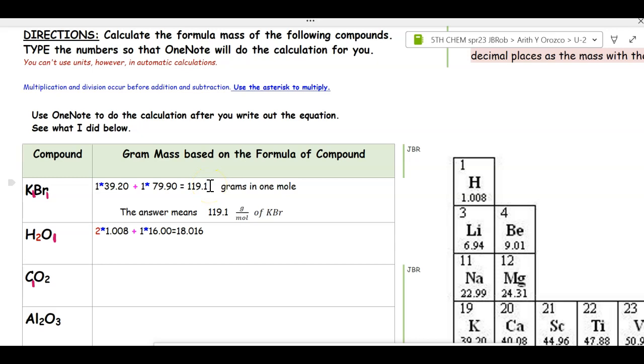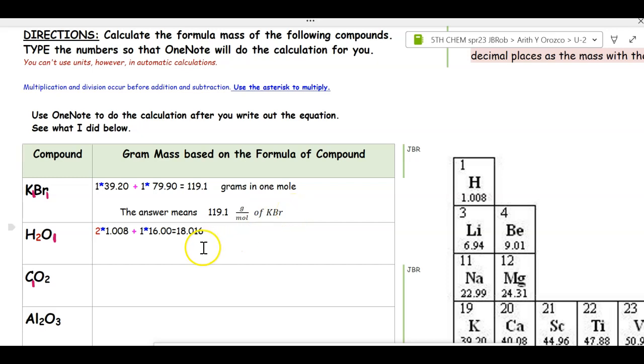So that's the mass of 1 particle. But if we have a whole mole amount, it's equal to 119.1 grams. That's kind of a large amount, but we could measure that out on our balance. All right, so that's the number of grams in 1 mole. And you can see how grams divided by mole is the way to express that unit.